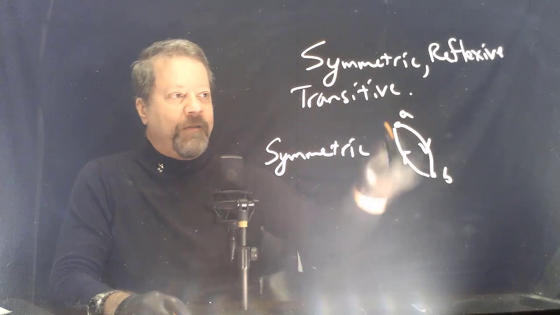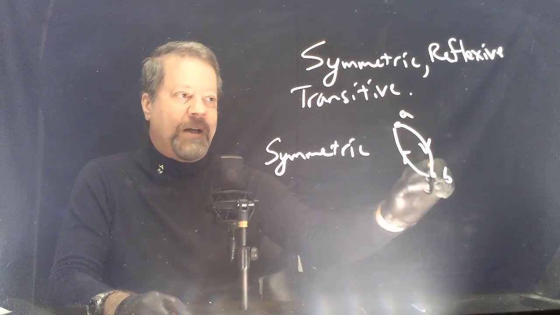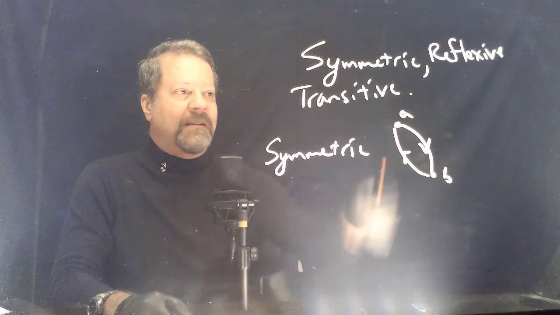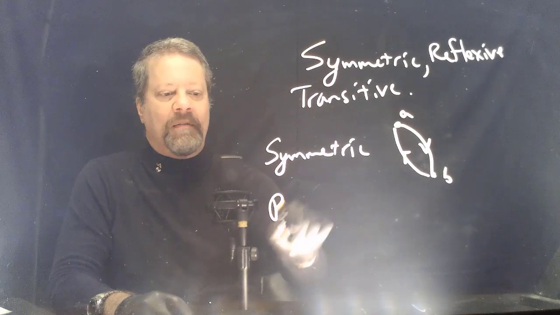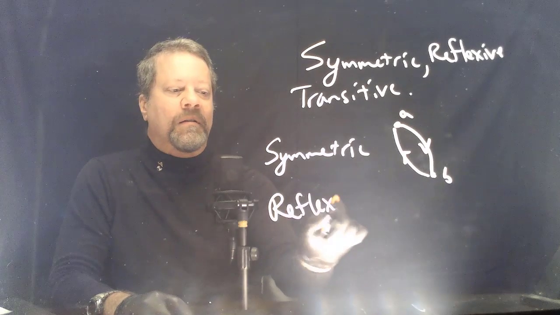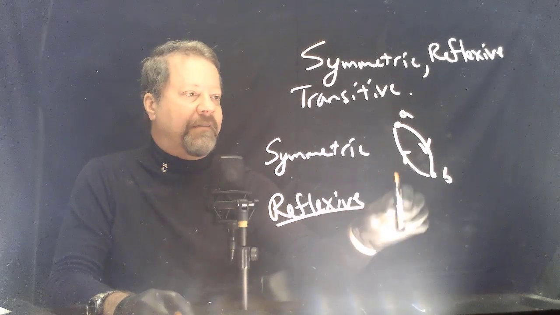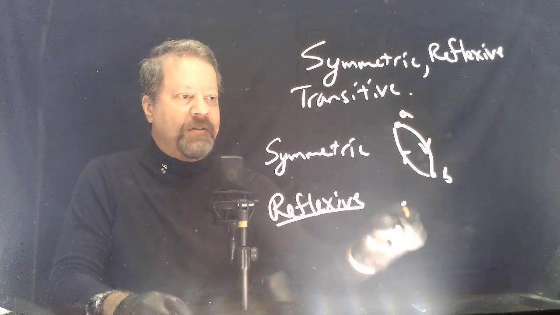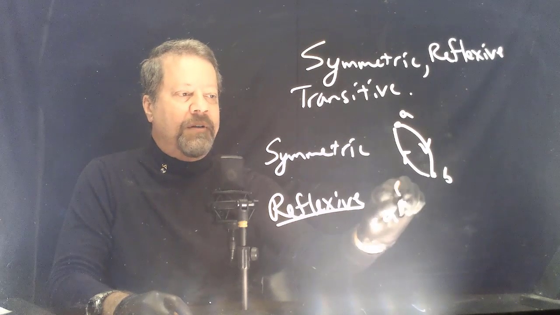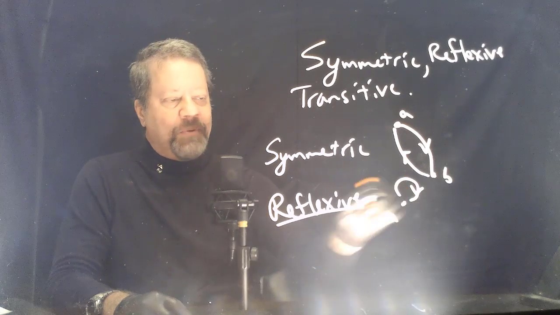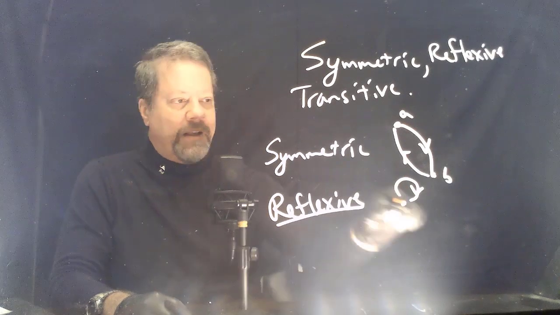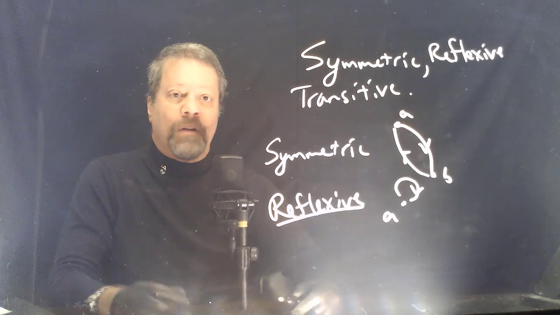For every pair, when you have an edge this way, you have to have an edge going back. So if AB is in the relation, then BA is also in the relation. For reflexive cases, every time you have a node, AA must be in the relation, and so that's what the reflexive property looks like. They'll have a little loop on all of the nodes.